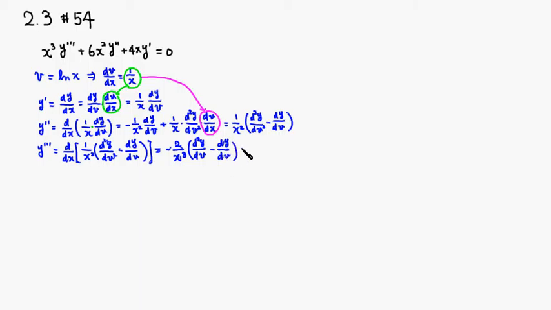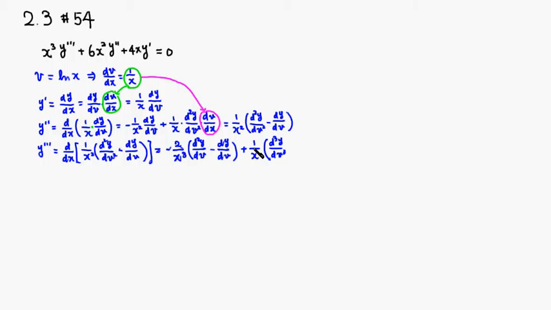Plus, leave the first guy alone, so you have 1 over x squared, then we have to take the derivative of these guys. But remember, we take the derivative with respect to v first. So this is the third derivative of y with respect to v, but we have to multiply by dv over dx, which is 1 over x again. I'm going to be a little bit lazy and just put the 1 over x right here.